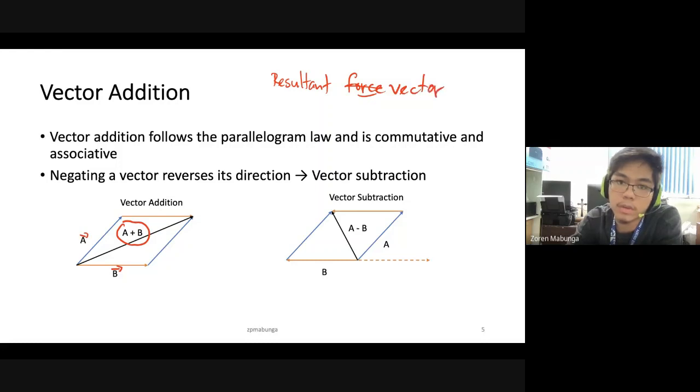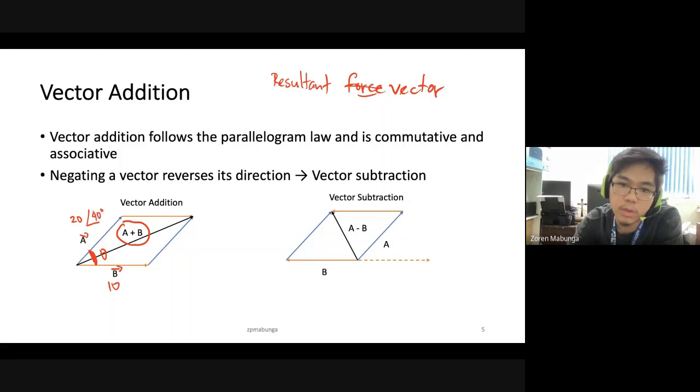So, gagamitin mo lang yung calcu. I-type mo lang halimbawa si A dito. Si A is 20. 20 yung magnitude niya. Si B is 10. And then kailangan alam mo lang yung angle na to. Okay, so halimbawa yung angle theta is 40 degrees.